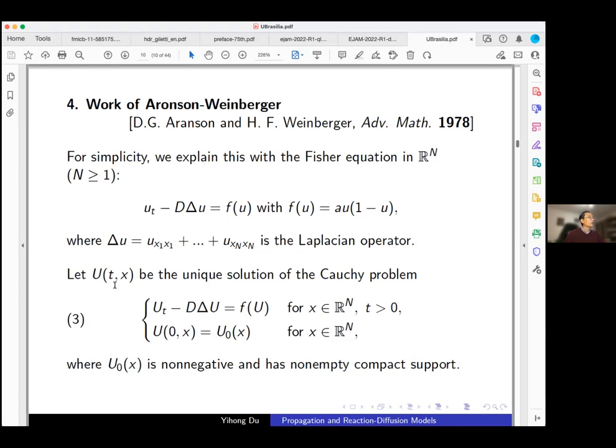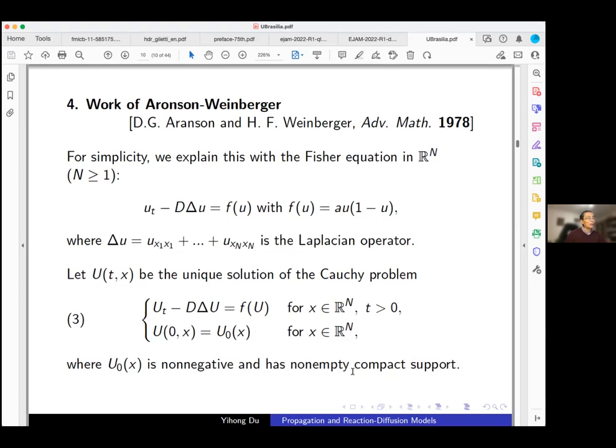And of course here, we try to understand u as the population density of a certain species. And if you want to use this to study the spreading propagation property, we assume that at time equals 0, the population distribution, the density u0, is a function which is locally concentrated.